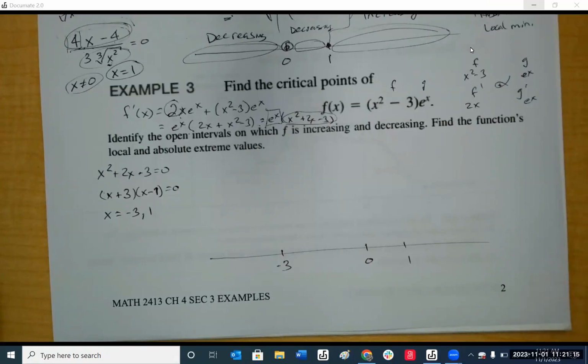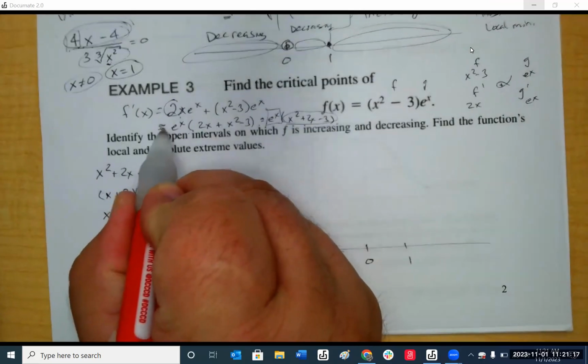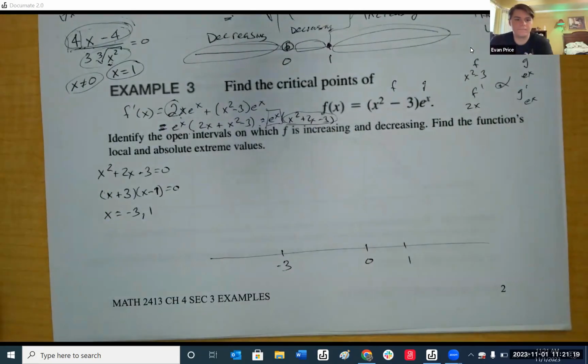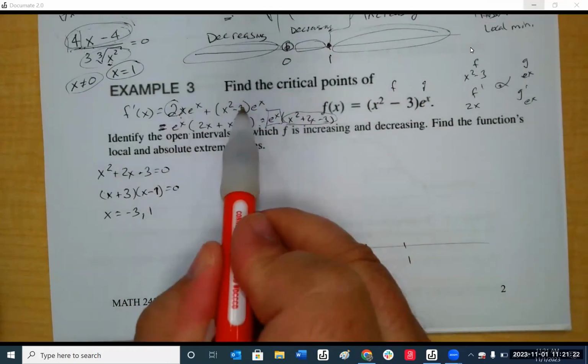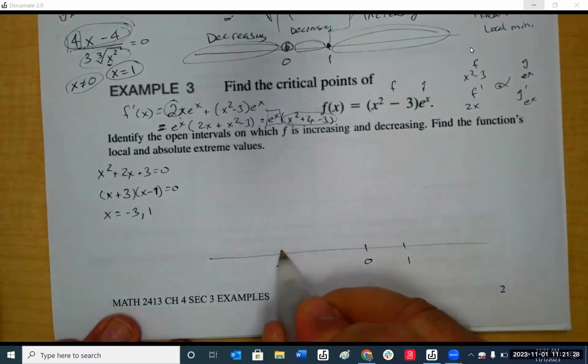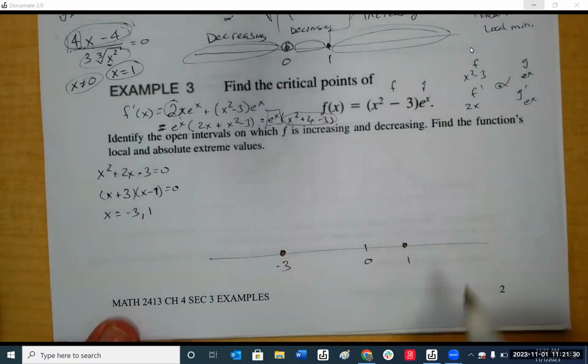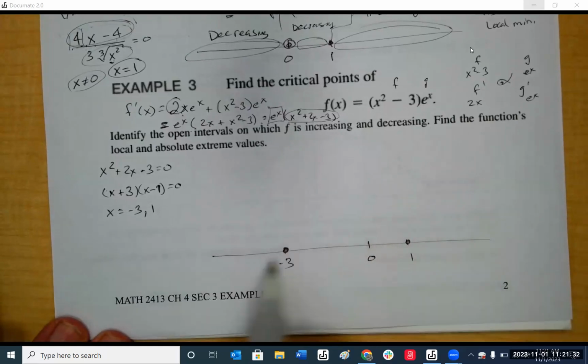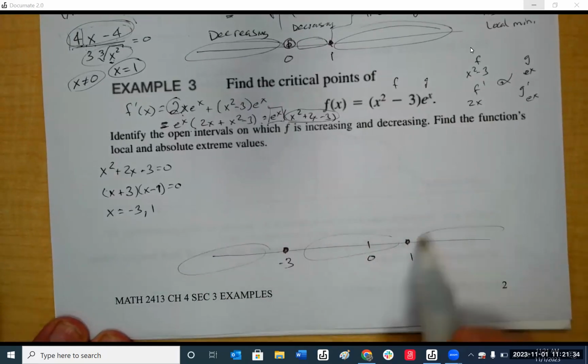Oh no, there's an equal sign right there. Yes, since they both have e to the x's, we just look at the coefficients and put them together, which makes it a quadratic equation. So our critical points are at -3 and 1, which give us our intervals.